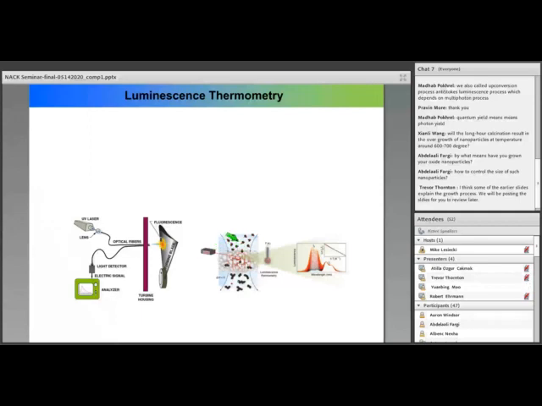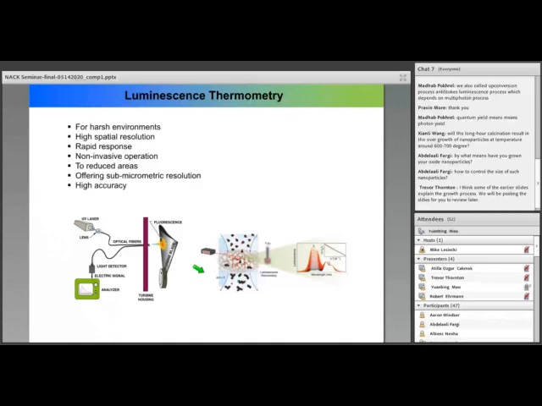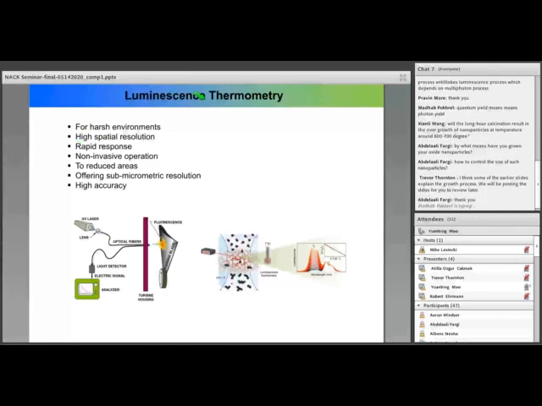And how do we get to that? This is where luminescent nanoparticles could play a big role, with the small areas.